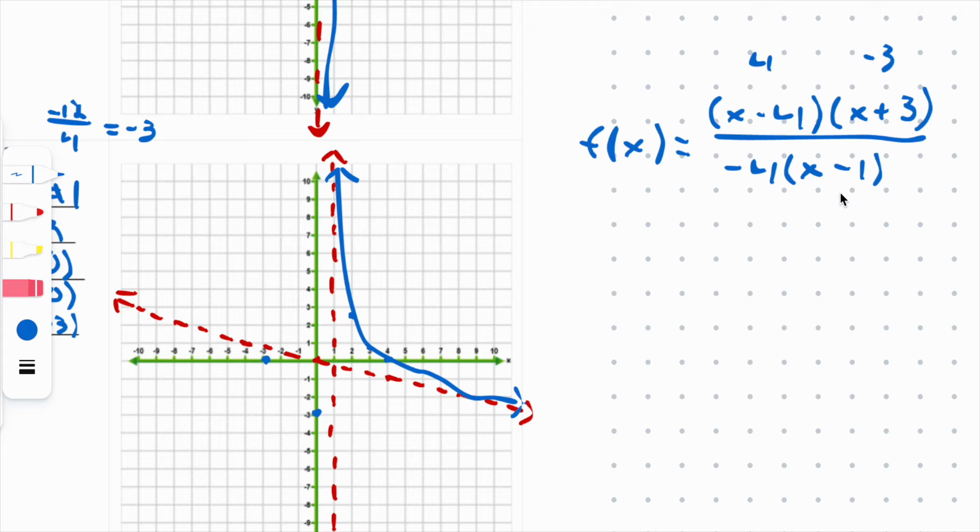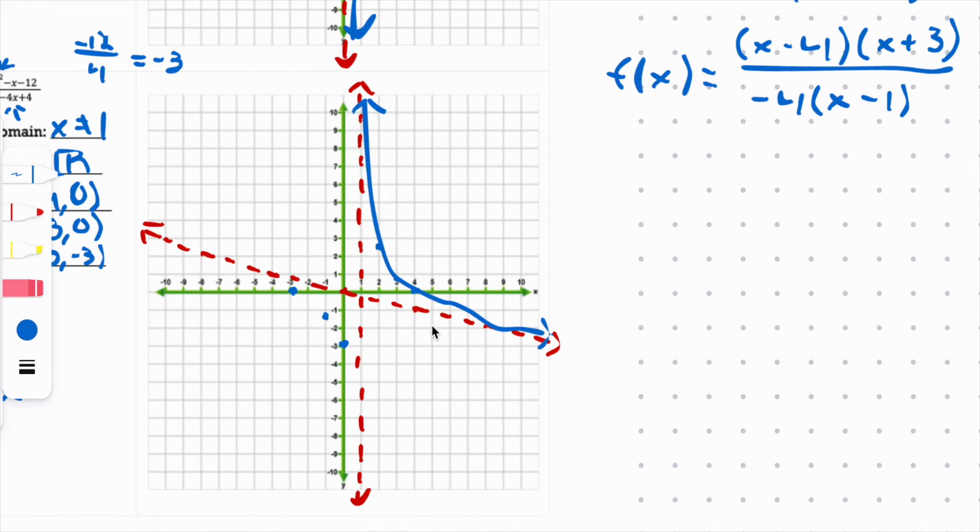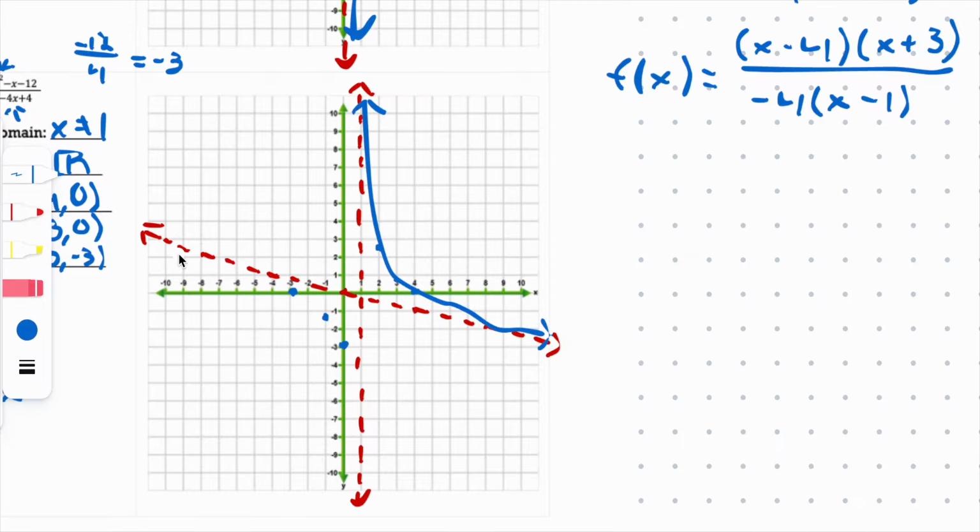Negative 1 minus 1, negative 2, and then negative 2 times negative 4 is positive 8. So we have negative 10 over positive 8, so that's going to be negative 5/4, or negative 1.25. So I know we're going to have a point right there. And I'm sort of doing this all in my head. Maybe I've made a mistake. Just check.